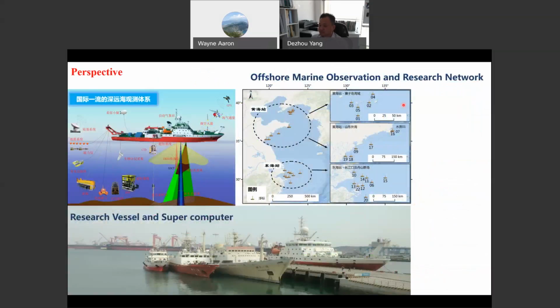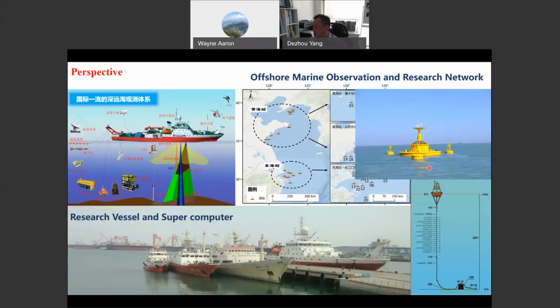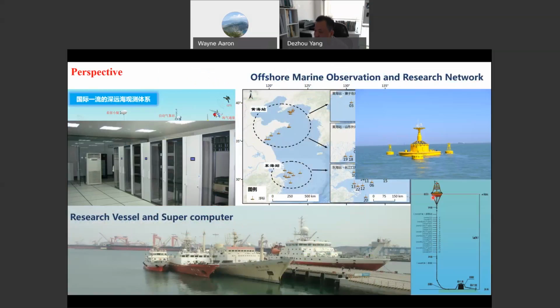As a perspective, we have four research vessels in our institute, and we have an offshore marine observation and research network, including the buoys and the moorings. We also have a supercomputer.